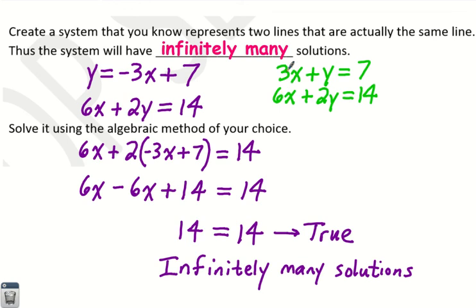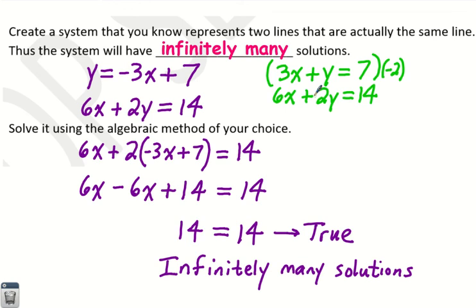But if you're really on your toes and you really get this, I can just look at this and go, well, all I have to do is multiply that 3x, along with everything else in the equation, by negative 2. Okay, and I can leave the second equation as is.